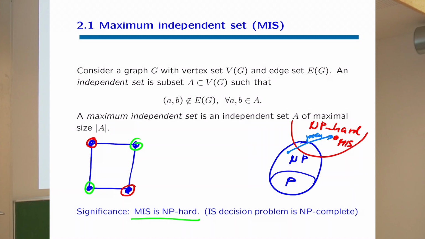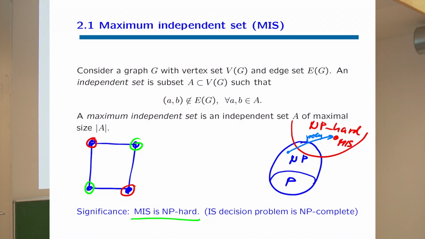Yeah? So if you had a solver, why am I telling you all these many things? If you had a solver for maximum independent set, and if that was efficient, then you could solve all of this huge complexity class NP. And that would be a tremendous thing. So that is why this seemingly artificial problem of maximum independent set is of relevance. Because if you could solve that efficiently, you could solve this entire class NP and probably more.